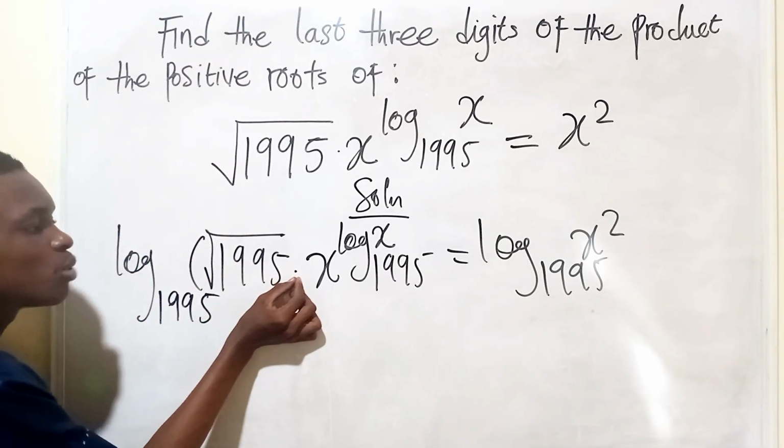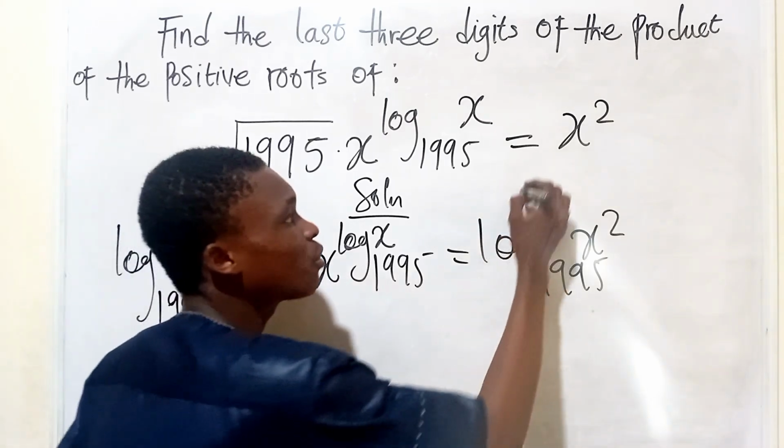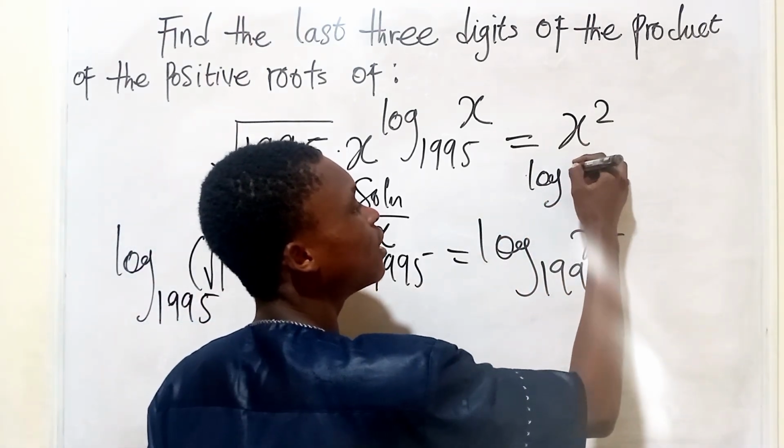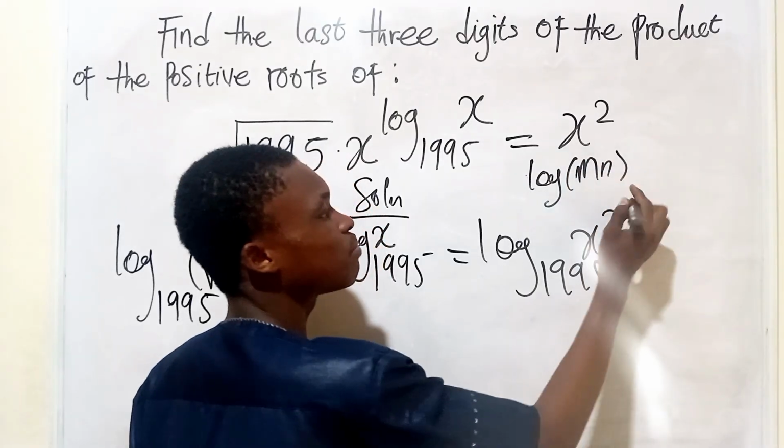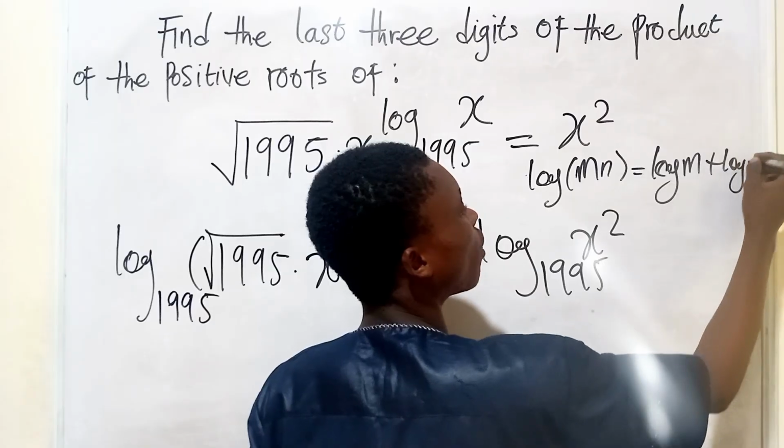Clearly you can see the product rule here. We are going to expand it into addition from logarithm. You know that if we have log mn, since they are multiplying, this can equal log m plus log n.